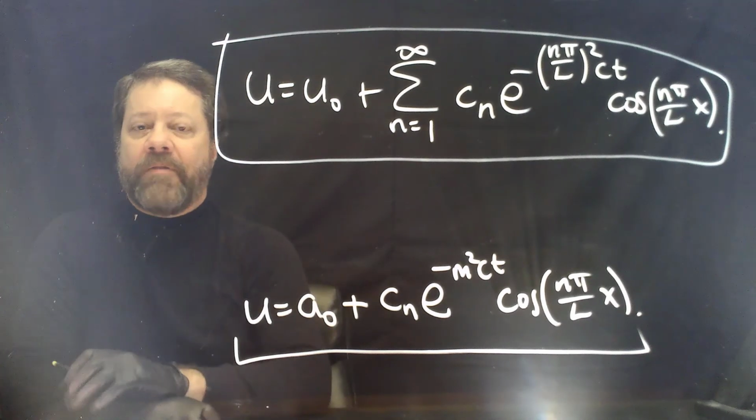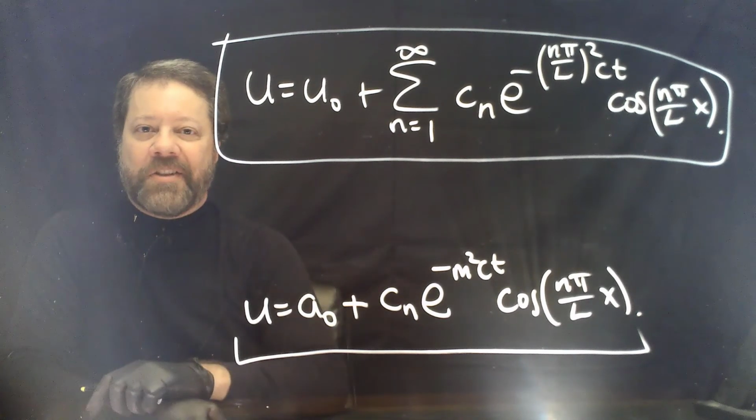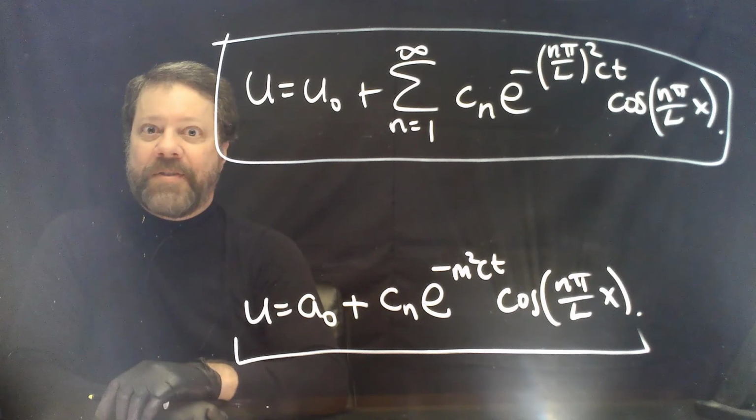The only question that remains is how do you get these cn's from the initial data? Seems like we've solved that problem before.